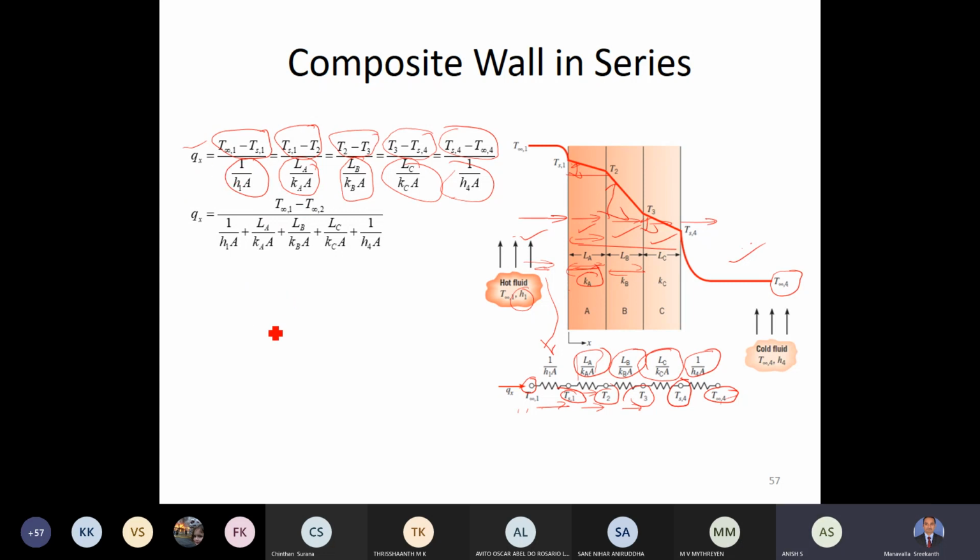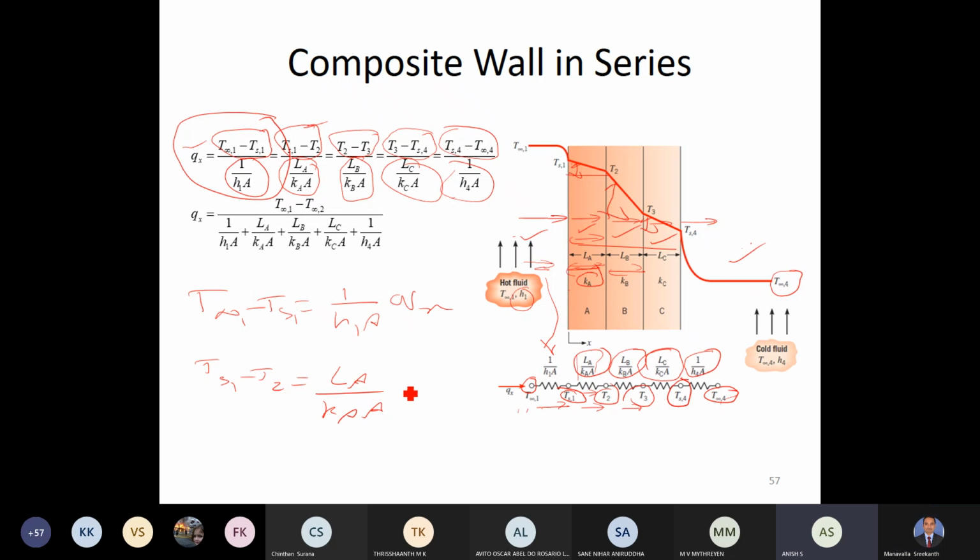How we can do it is, you take the first equation. You can write it as T infinity 1 minus Ts1 is equal to 1 by H1A multiplied by Qx. Similarly, take the second equation. You can write it as Ts1 minus T2 is equal to LA by KAA times Qx.